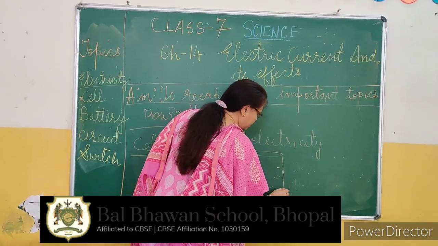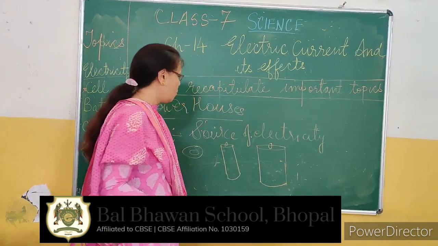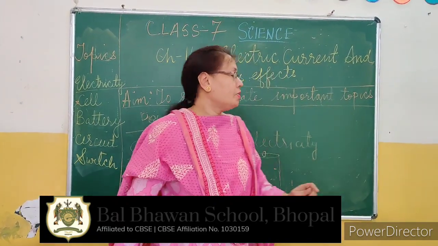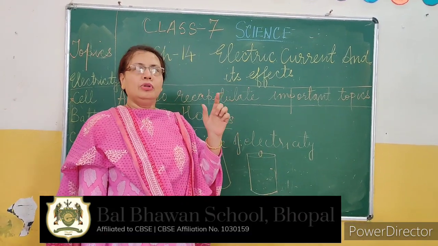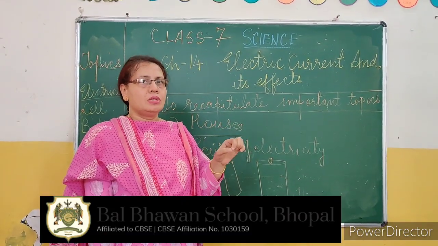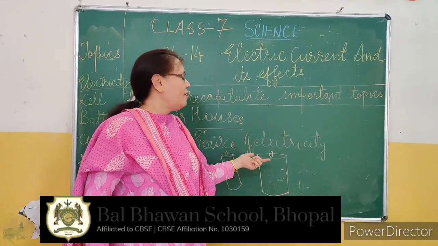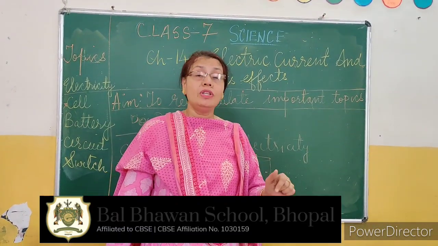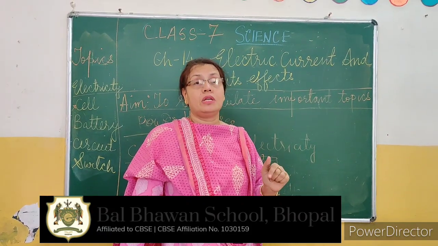Now children, my question, why do we have cells which are of different shapes and sizes? Suppose you have a small toy car. The energy required for the working of that toy car is very less. So you can put a pencil cell, which will be helpful for that toy car to move. But suppose you have a big gadget which can be run only when a lot of electricity is there.